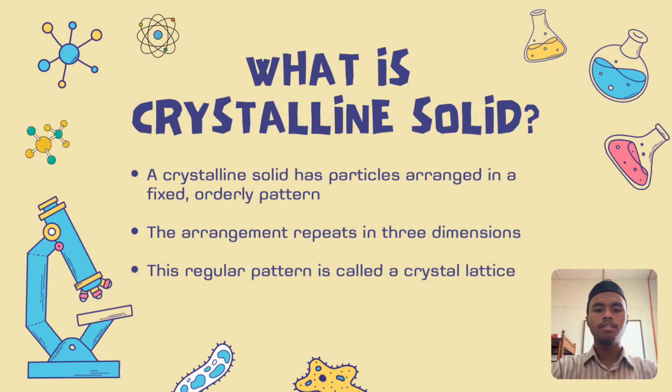The crystal lattice is responsible for many important properties of crystalline solids, such as their definite shape, strength, and sharp melting point. Because of this well-organized structure, crystalline solids are commonly found in many inorganic materials, including metals, salts, and ceramics, which are widely used in engineering and industrial applications.